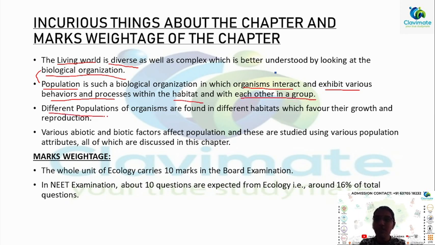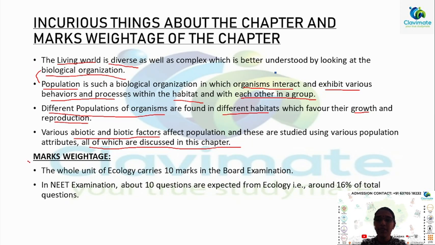Different populations of organisms are found in different habitats which favor their growth and reproduction. For this growth and reproduction, various biotic and abiotic factors play an important role. And these are all the points which are discussed in this chapter.